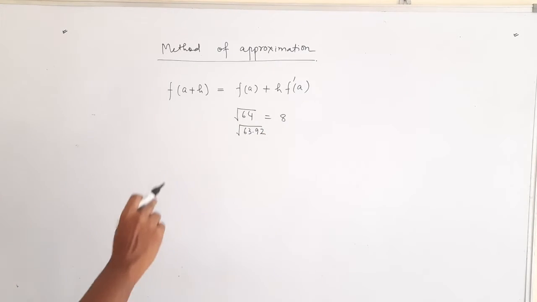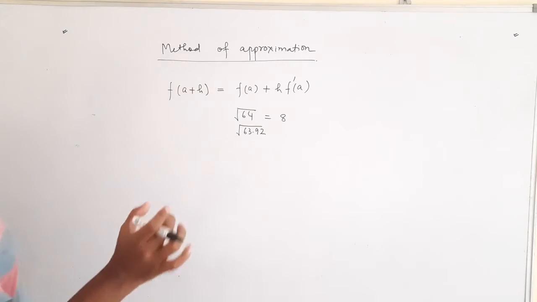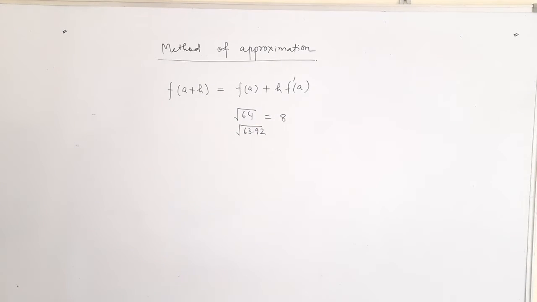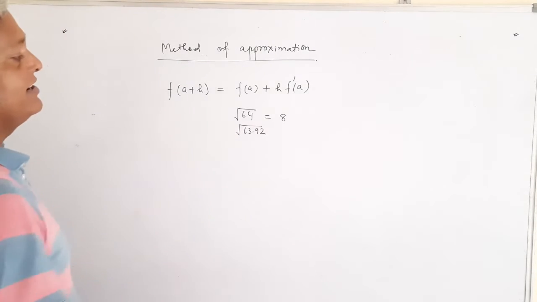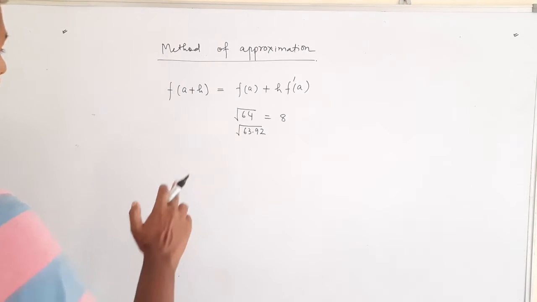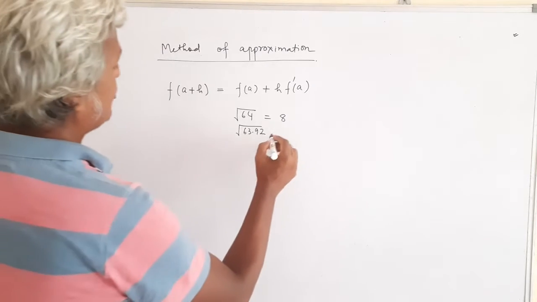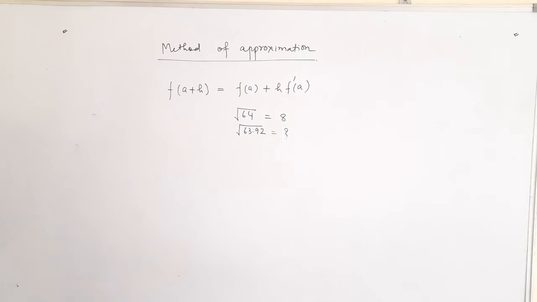You know that this square root should be very close to 8, but the exact value you cannot find out easily. One method is the long division method, but that is a different method and cannot be called an application of calculus. Now in this method we try to find the square root of this value using the method of approximation.